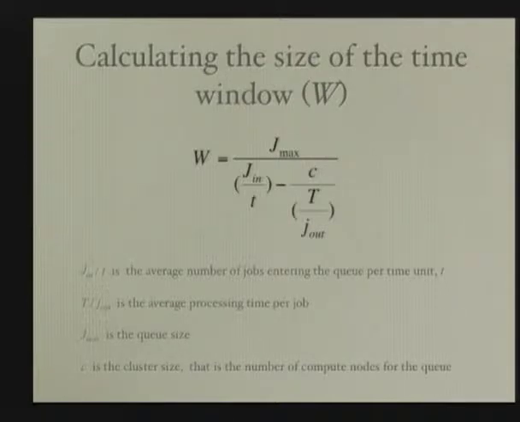So, by dividing the available maximum size of the queue by the rate of remaining jobs, you will get the time window W, which is the time required to fill up the whole queue.